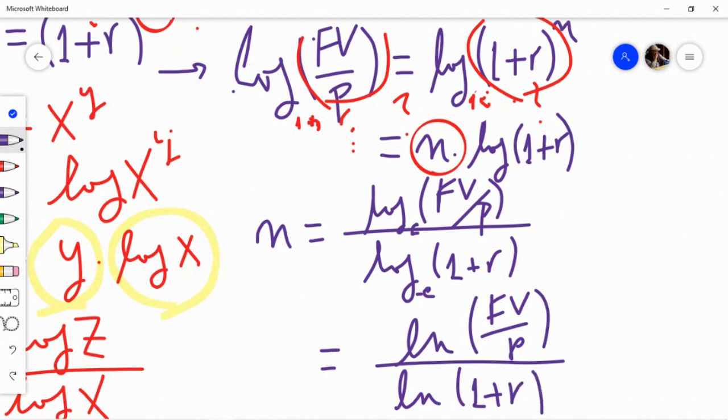And then, of course, natural log will be calculated by Excel. It's not a big deal. What's important is that you just need to program this, or rather, a program is too gigantic for this task. Just encode it into Excel. In other words, build a formula into Excel, right?